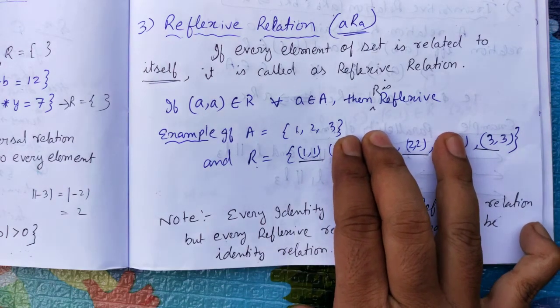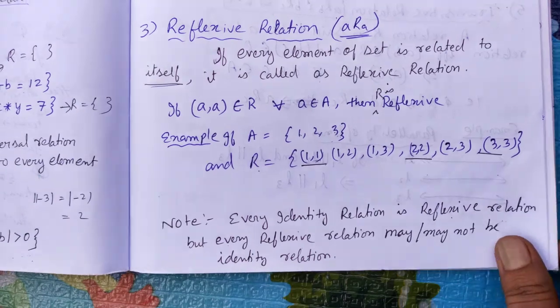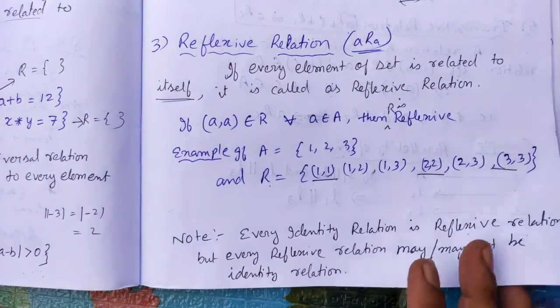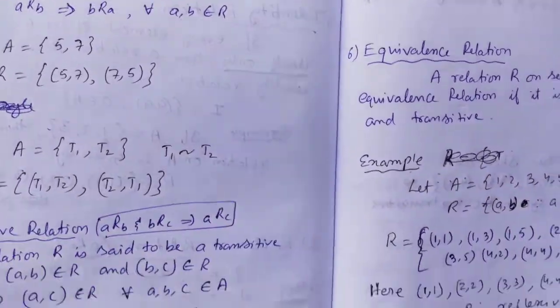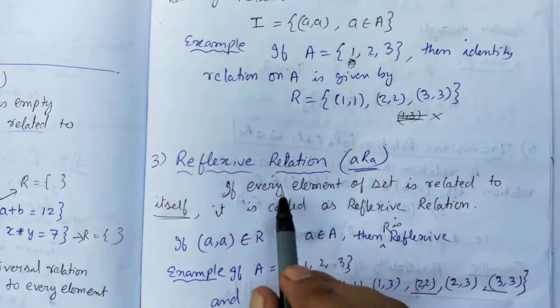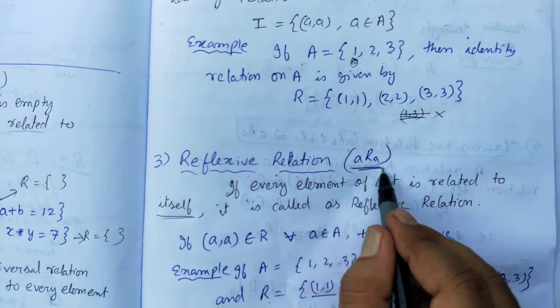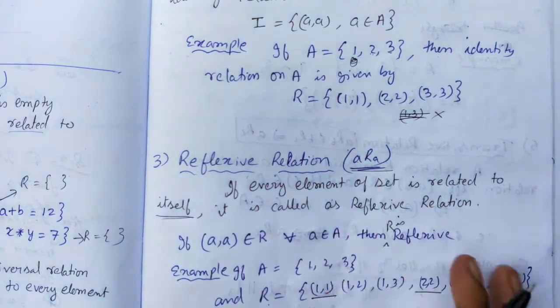Clear? Let's go to the fourth relation. You have to know that in a reflexive relation, A must be related to A. Clear?